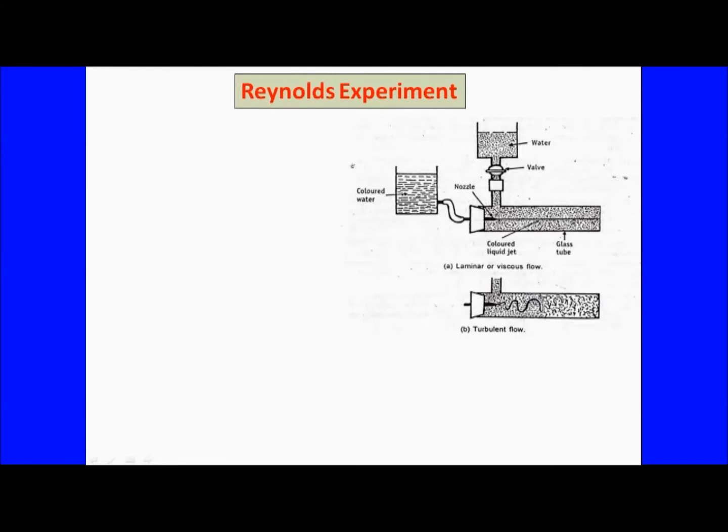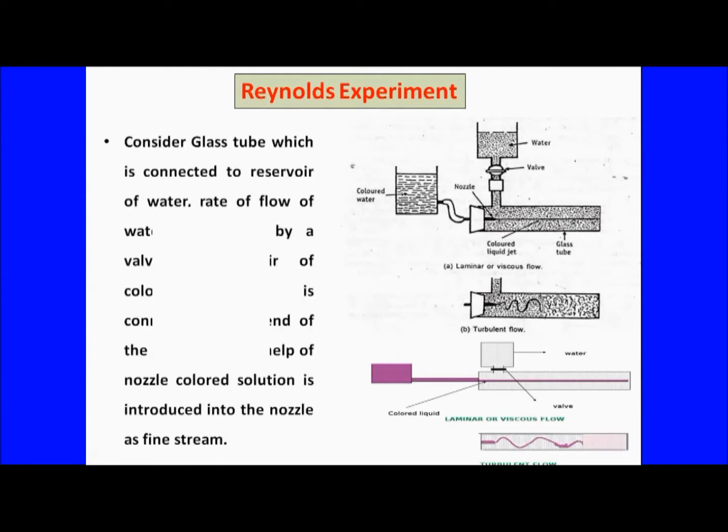So this experiment was actually done by Reynolds. He considered a glass tube connected to a water reservoir. The rate of flow of the water is controlled by the valve, and a reservoir of color solution is connected through the nozzle. Through it the ink, or any color dye, is injected as a fine stream.